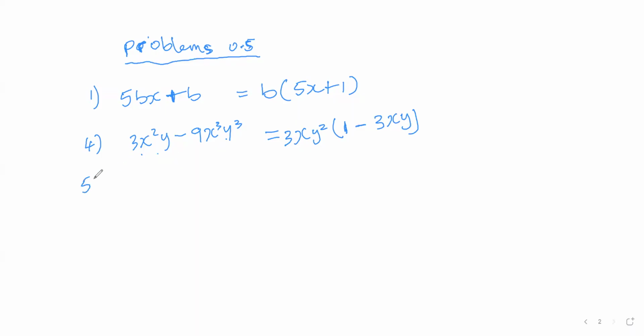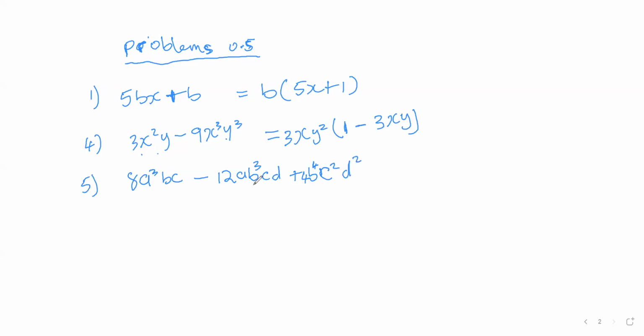Now quickly look at number 5. Number 5 says 8a cubed bc minus 12ab cubed cd plus 4b to the power 4, c squared d squared.